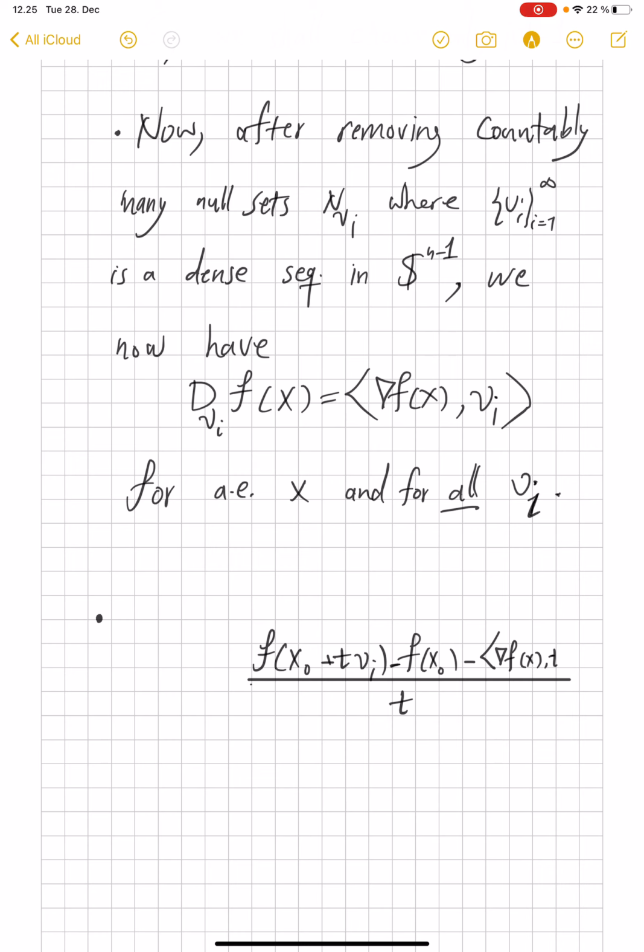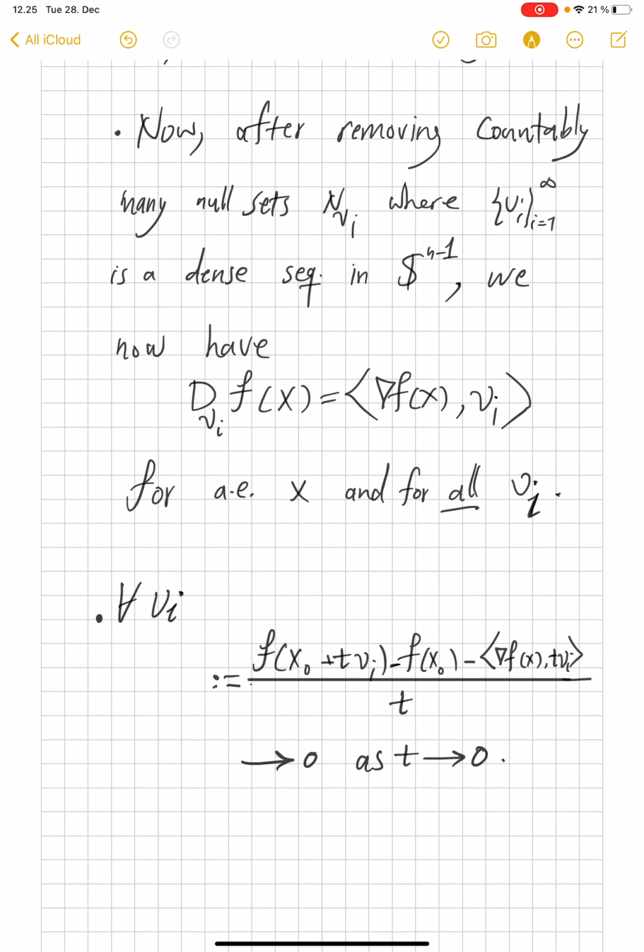But I put this t vi here, so instead of putting it outside the fraction, I combined them all into one. So we know that this converges to 0 as t goes to 0, and that's for every vi. Again, it's not simultaneous for all vi. Once you fix your vi, this converges to 0 just because the directional derivative exists.